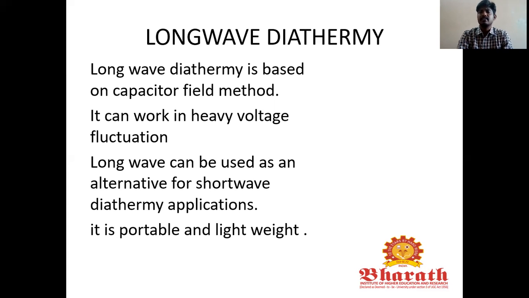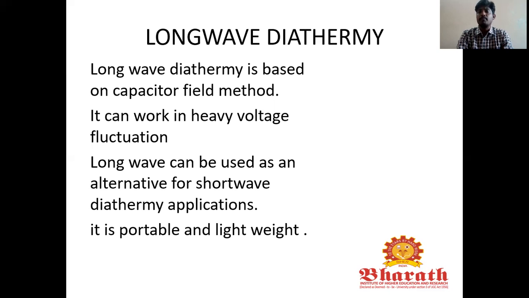Patients for whom short wave diathermy is not suitable prefer long wave diathermy. Long wave is mainly used as an alternative method for short wave diathermy.